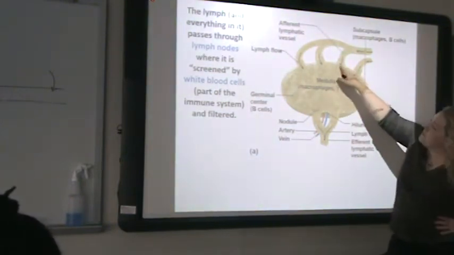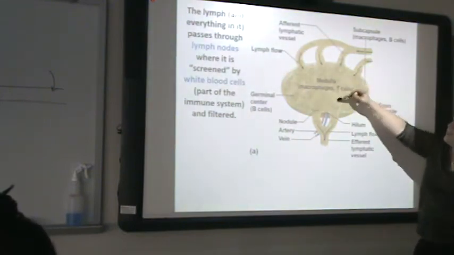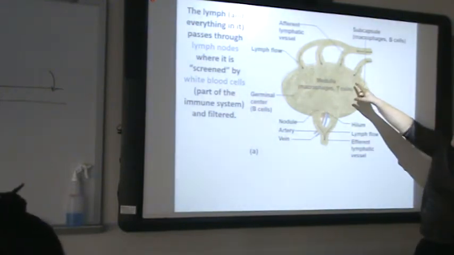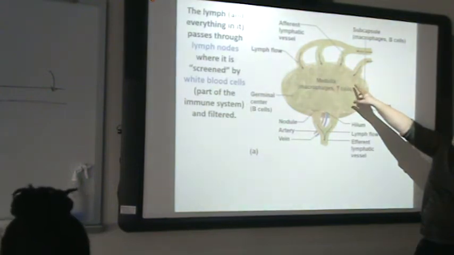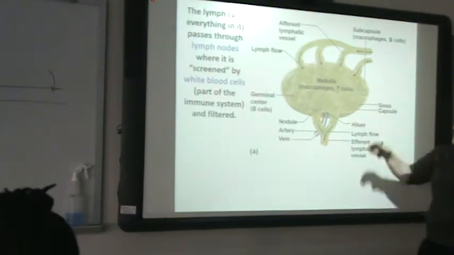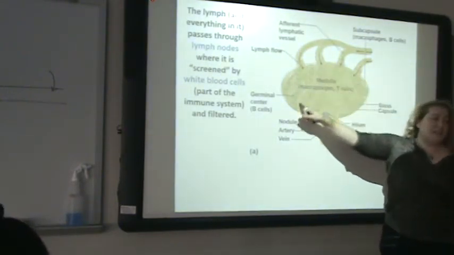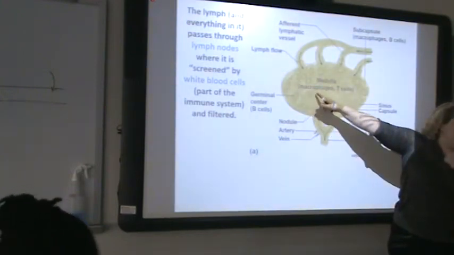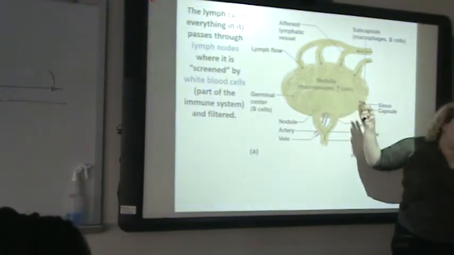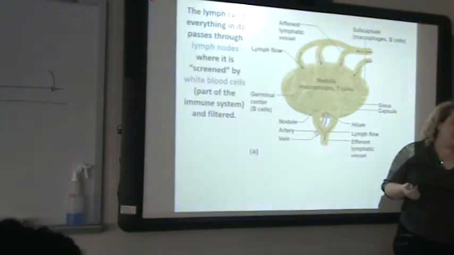So lymph nodes are like stations where lymph is passing through, and this would be like when you go to the airport and you have to go through screening. Like there's people coming this way into the screening, there's people coming this way. It's a centralized location where the lymph can be monitored for harmful substances like bacteria, viruses, cancer cells.